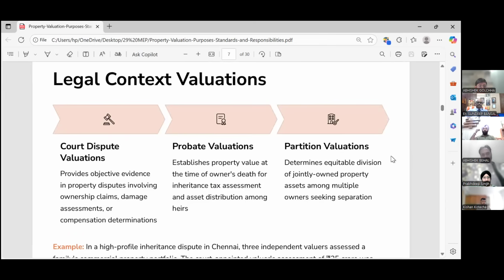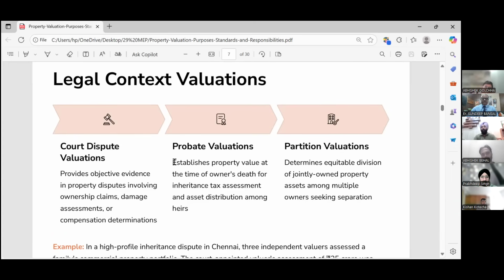Then you may have to do valuation in legal contexts. In court disputes, your objective is to provide evidence in property disputes involving ownership claims, damage assessment, or compensation determination. In probate valuation, the aim is to establish the property's value at the time of the owner's death for inheritance tax assessment and asset distribution among the heirs.